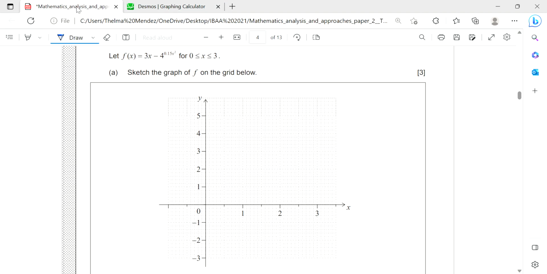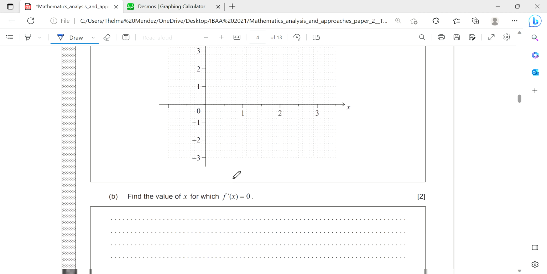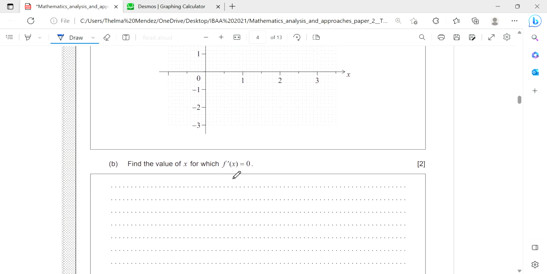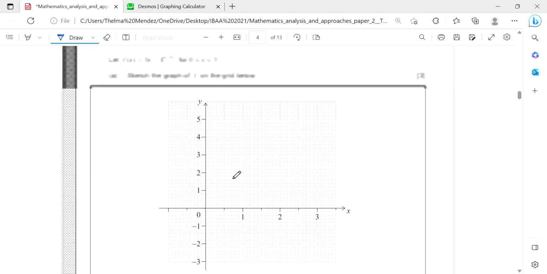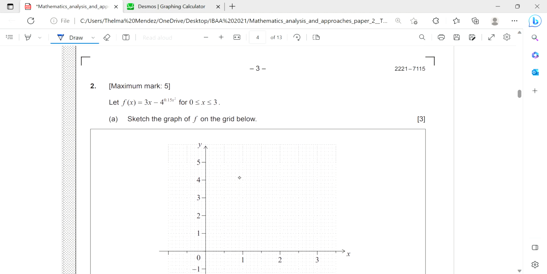Okay, so after sketching that for 3 marks, the next question is find the value of x for which the first derivative of the function equals 0. If we're going to look at this, we don't have a lesson on finding the derivative of a raised to x where a is constant.